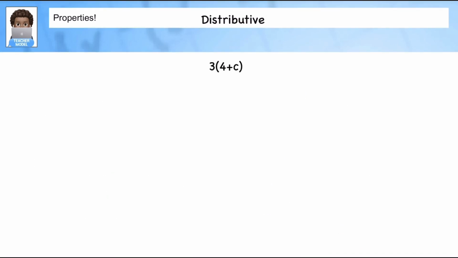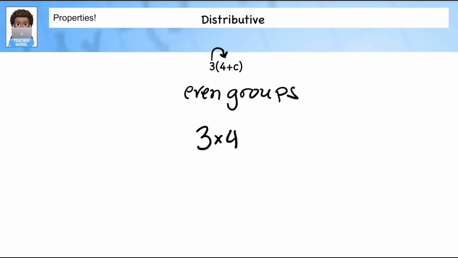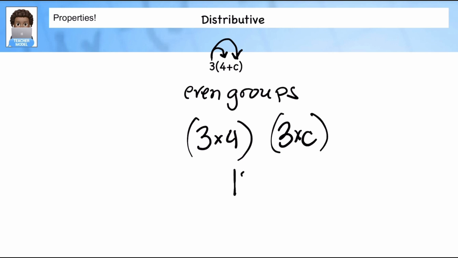Last one we've seen, to distribute, means I have even groups. That's all this means. I have even groups and we're going to multiply. So you've probably seen this as a bird beak method where you decide to do 3 times 4 and then you're doing 3 times c to get 12 plus 3c.